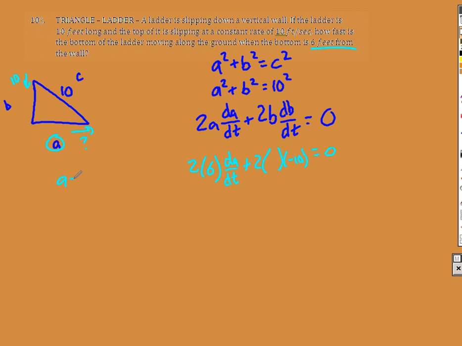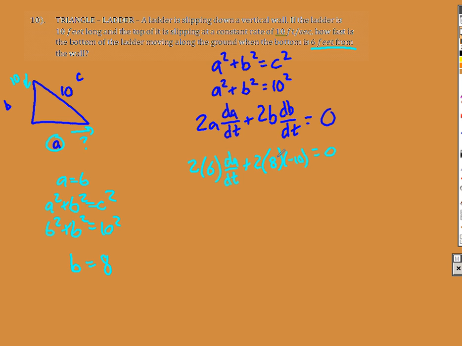If a is 6, that means that, again, a squared plus b squared equals c squared. 6 squared plus b squared must equal my 10 squared from the ladder. That means that b is going to equal 8 in this case when I do that simplification.